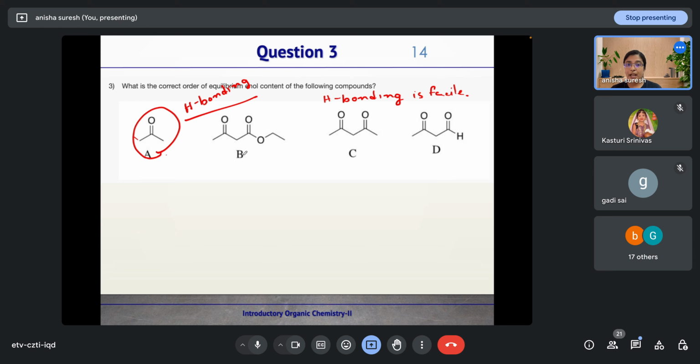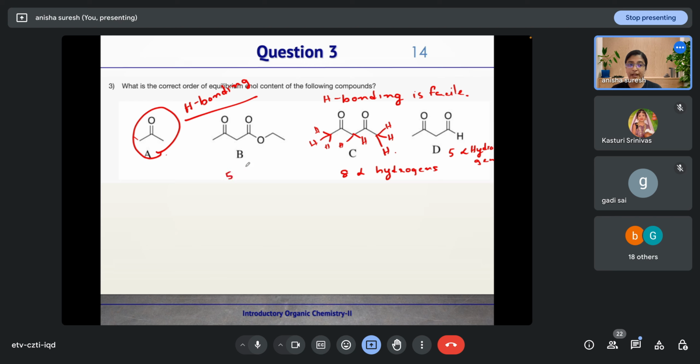Then out of B, C and D, when we consider C, it is having 8 alpha hydrogens, while B and D are having 1, 2, 3, 4, 5 alpha hydrogens.